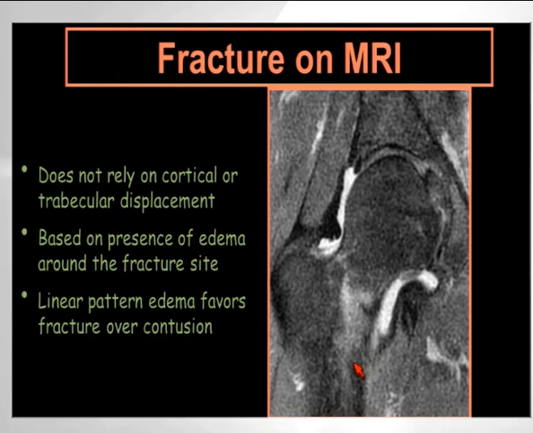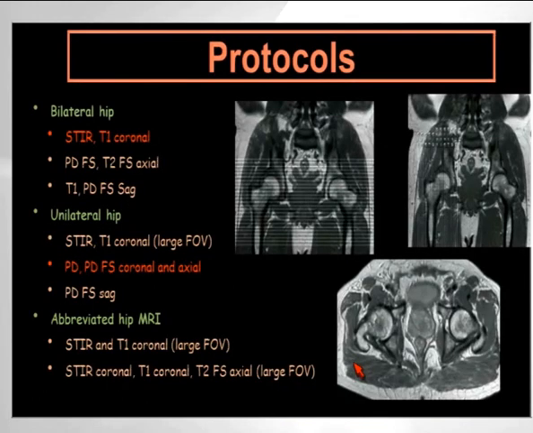Now, why is it easy to see fracture on MRI? Well, the fracture doesn't rely on cortical or trabecular displacement. It is based on presence of edema around the fracture site. Linear pattern edema would favor fracture over contusion. And we have all protocols. Routinely we do bilateral hip, unilateral hip.